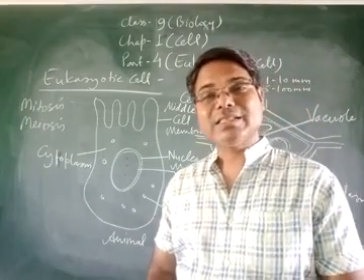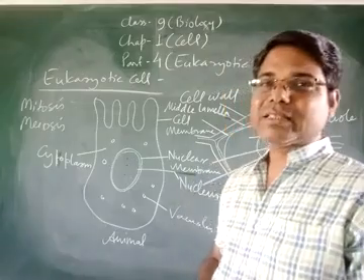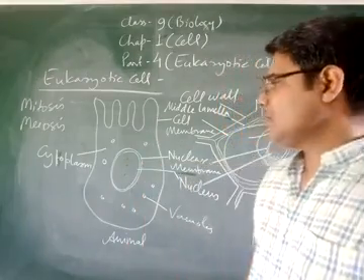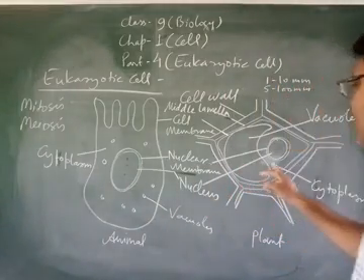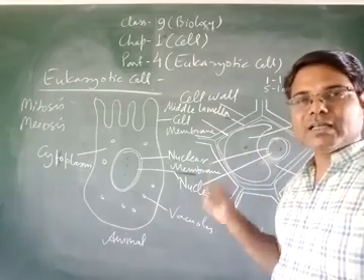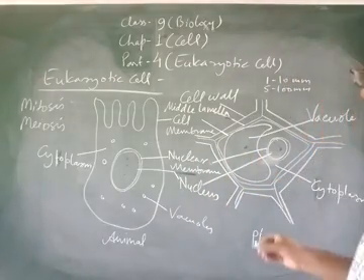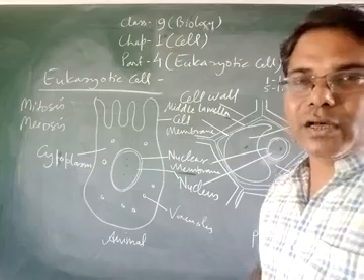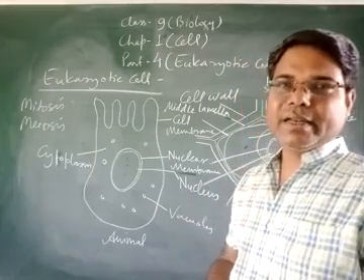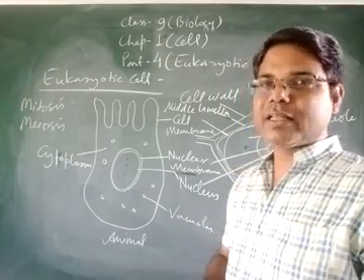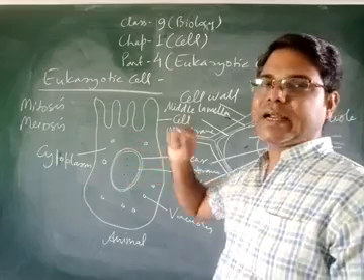But organelles are the organs of the cell, a single cell. Like that. This is the nucleus, this is the vacuole. These are the cell organelles. Along with this, mitochondria, chloroplast, endoplasmic reticulum, ribosome, DNA, RNA. These are the cell organelles which are present inside the cell.